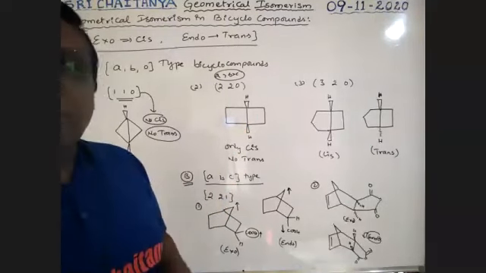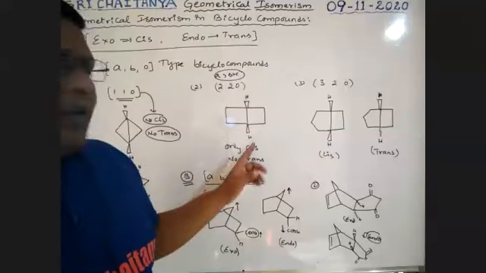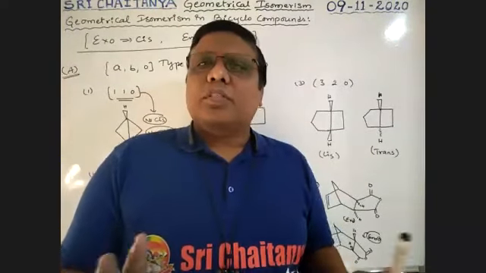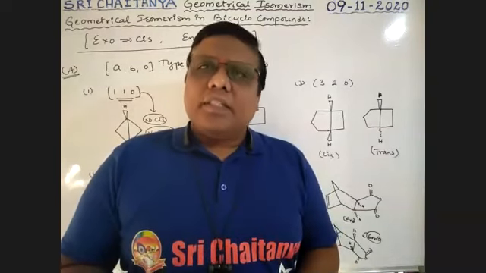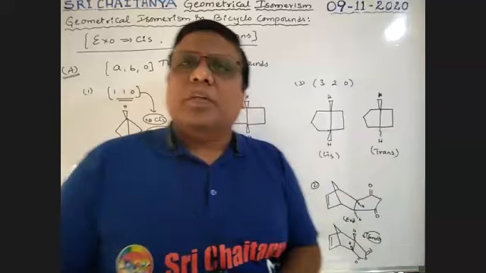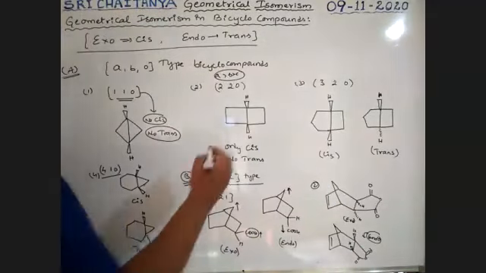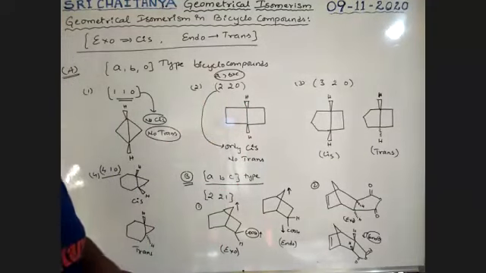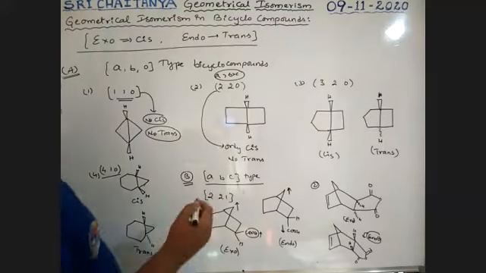So 220. Any compound you write is similar to the same compound, which we call the cis compound. So always cis, no trans is possible in these conditions. Whenever 220 type compounds exist, only cis is possible, not trans.